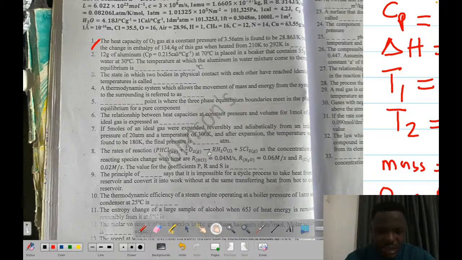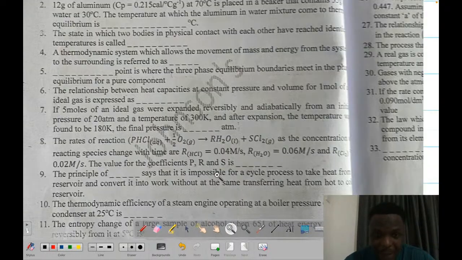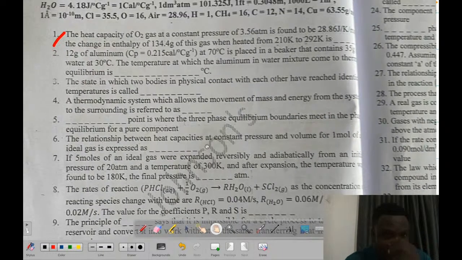All right, so let's look at this question here. Question number 2 says 12 grams of aluminum, please look at this question very well. Let me shrink it so that I have enough space to solve.